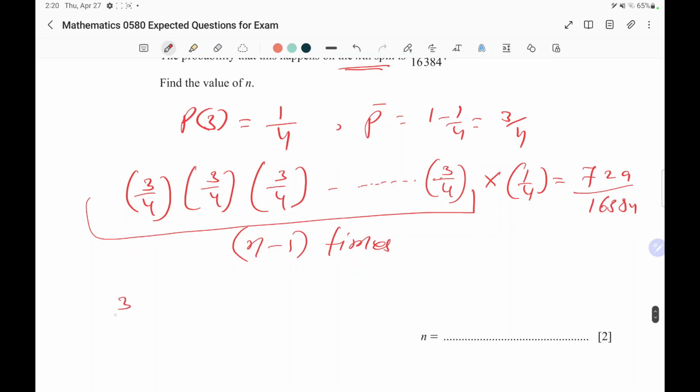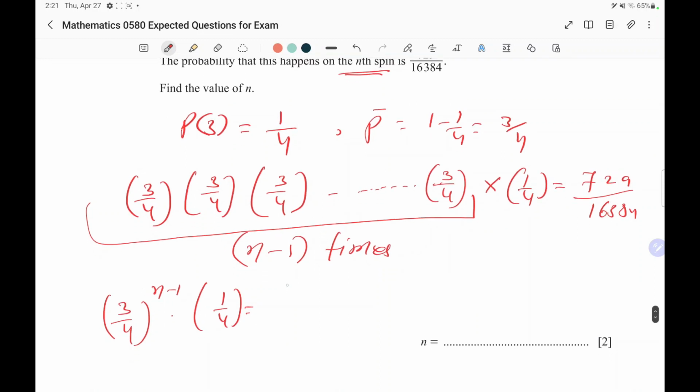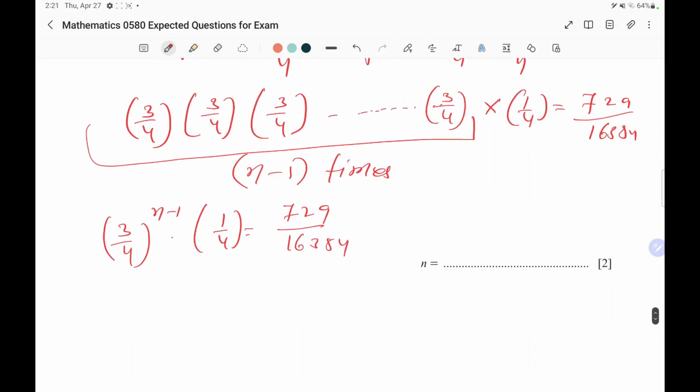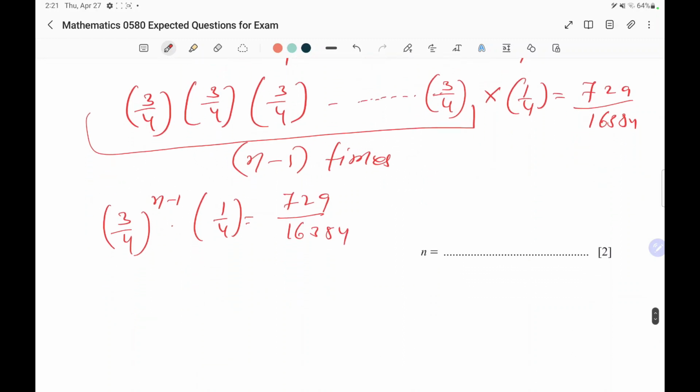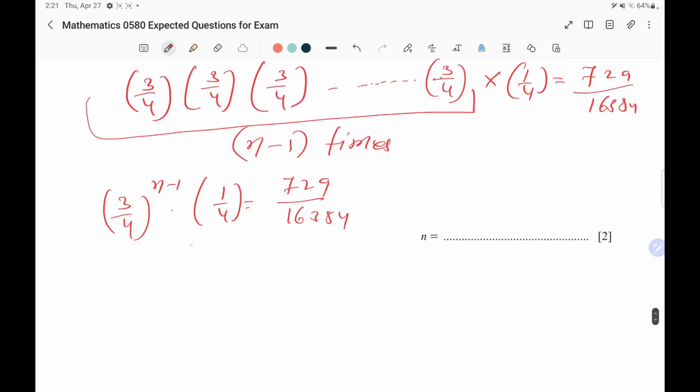So what we got is (3 over 4) to the power n minus 1 times 1 over 4, and that is 729 over 16384. Right?